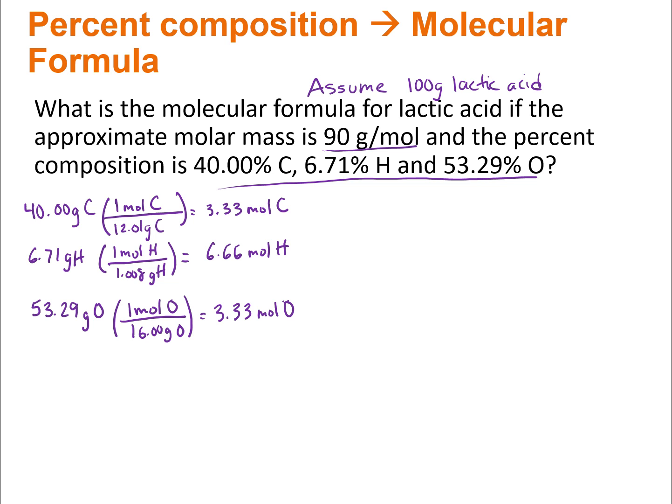Okay, we've got all of our moles. They're not all the same, so we have to figure out the ratio of the carbon to the hydrogen to the oxygen. You're going to take the biggest one and divide by the smallest one, which the carbon and the oxygen are the same.